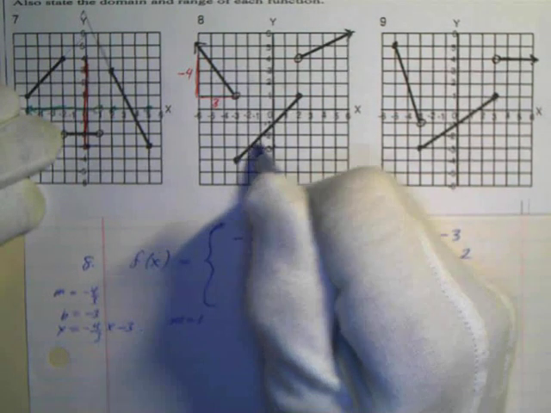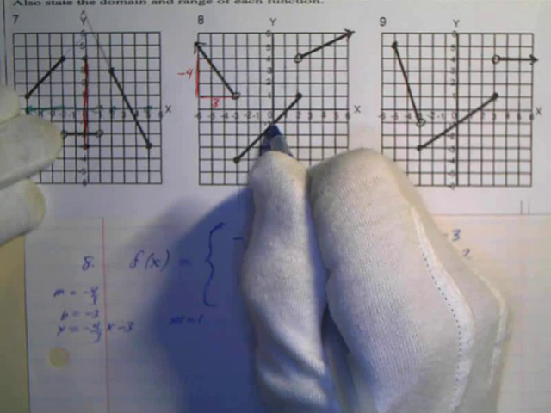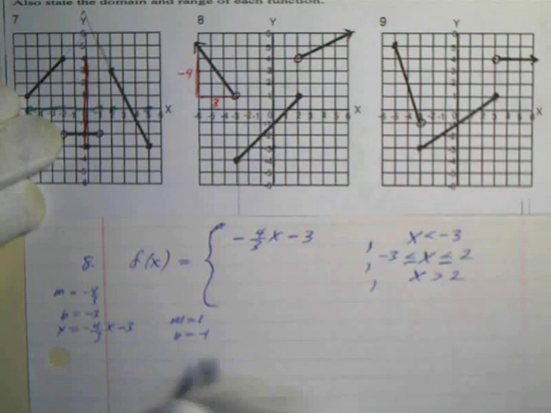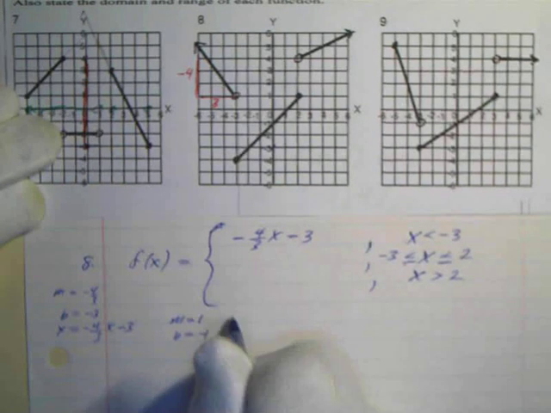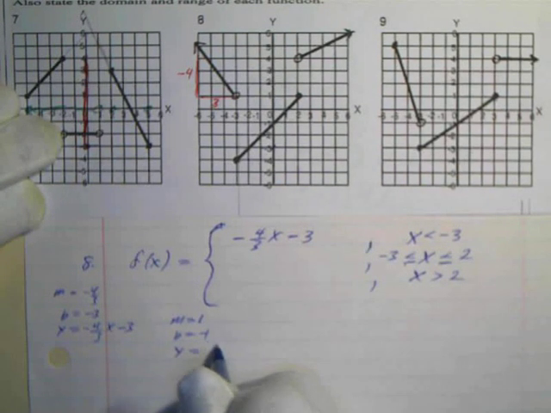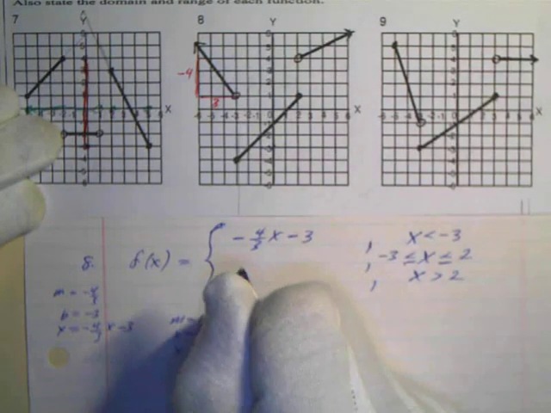And it looks like my intercept's going to be negative 1. My line got a little bit off, but it should be negative 1. So b is negative 1. All right, so y would equal 1x minus 1, or just x minus 1. So it's this branch here.